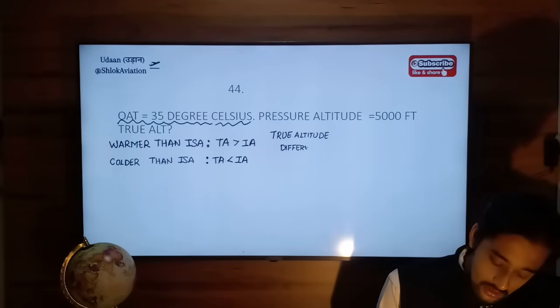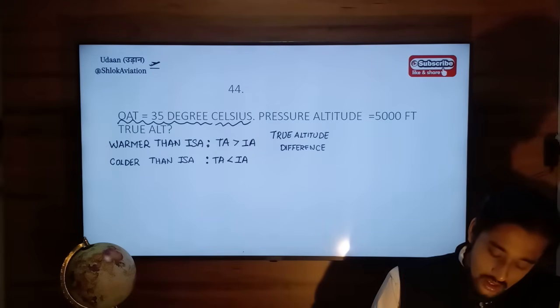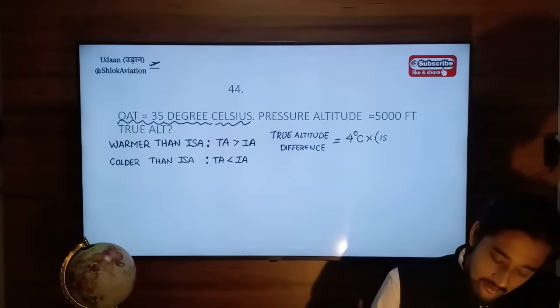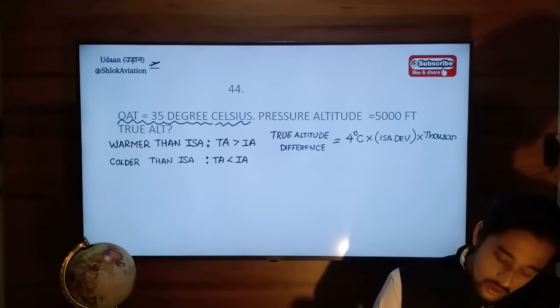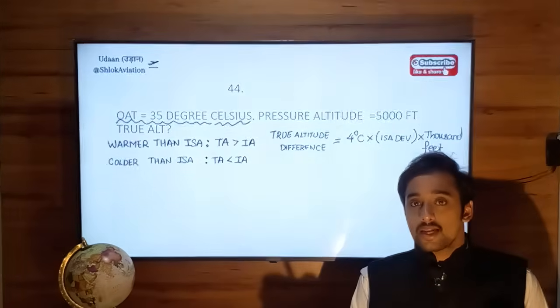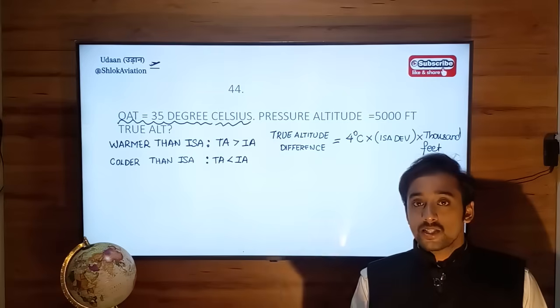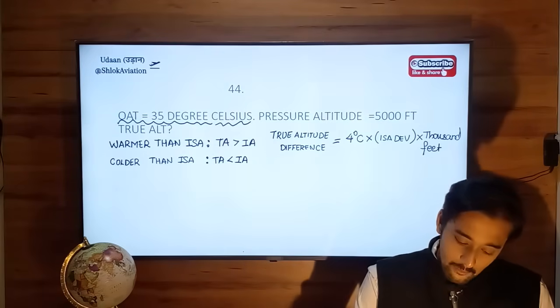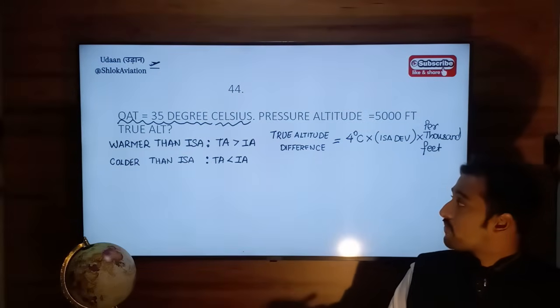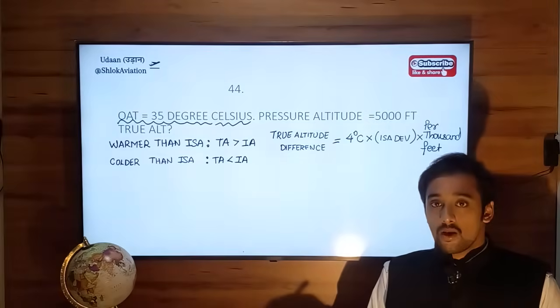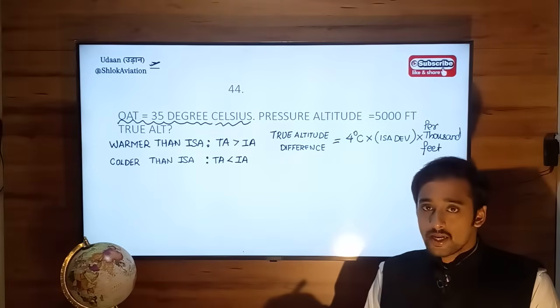So the formula for the difference between true altitude and indicated altitude is 4 degrees Celsius into ISA deviation into 1000 feet. Now we have to find ISA deviation. 1000 feet is per 1000 feet. Here we have 5000 feet, so the value 5 should be written there.